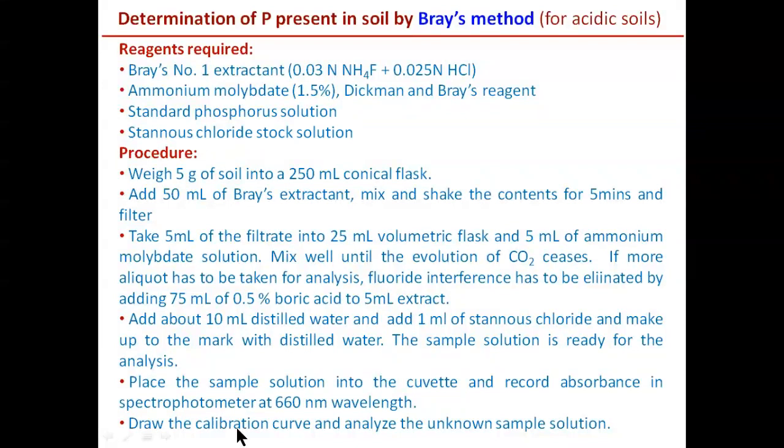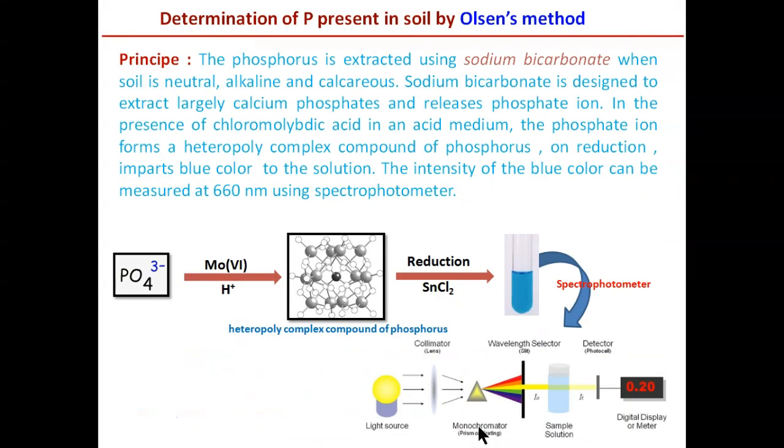Once we have a calibration plot with a standard solution, then we can easily analyze the unknown sample solution, or how much percentage of phosphorus is present in the acidic soil. So this is all about the Bryce method for the determination of phosphorus present in the soil.